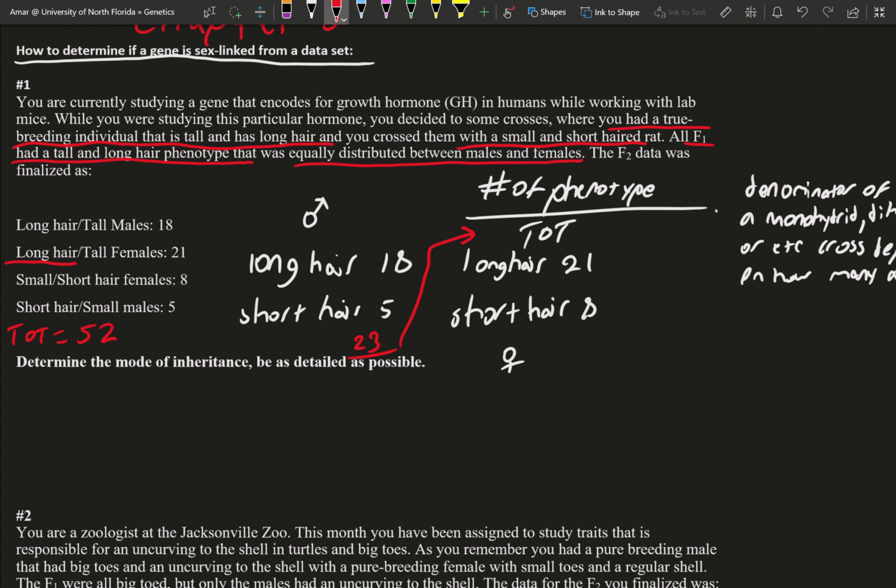Okay, cool. So let's do that. So 18 divided by 23, and because we suspect there's only one gene involved for the hair trait, we're going to multiply by 4. So we get a ratio that is around 3.